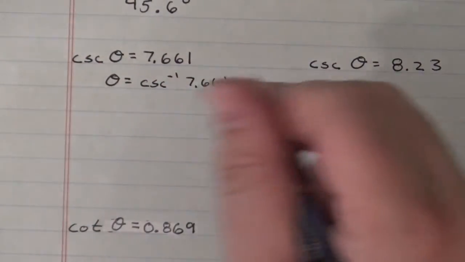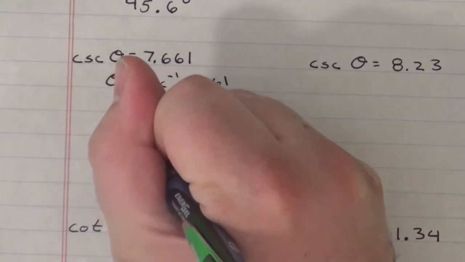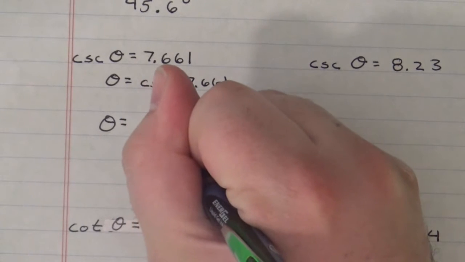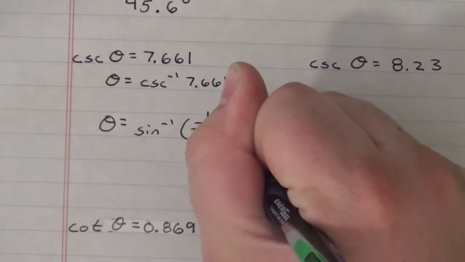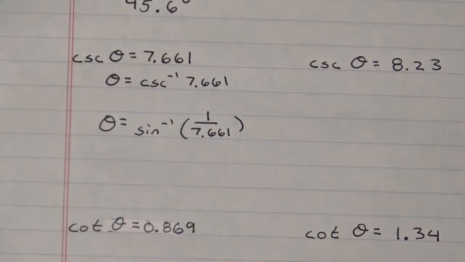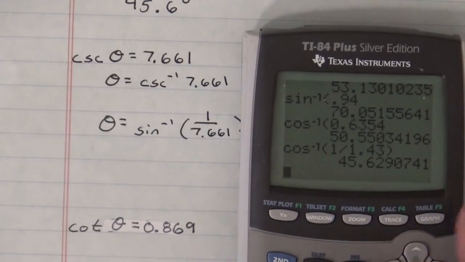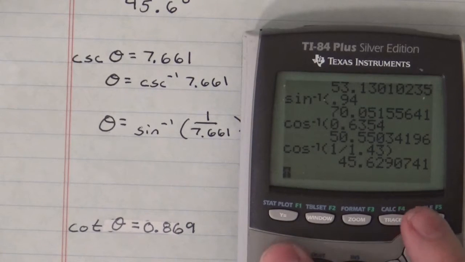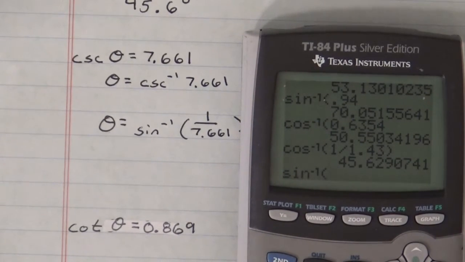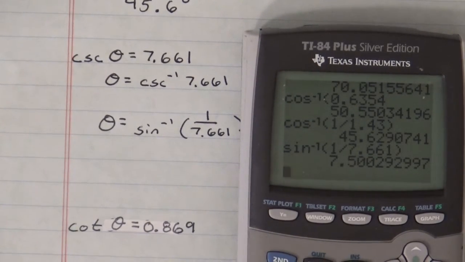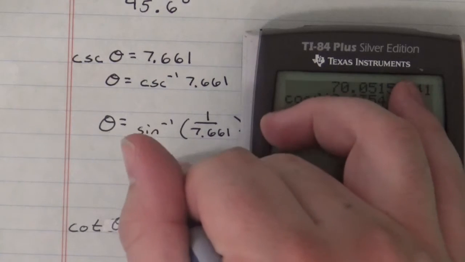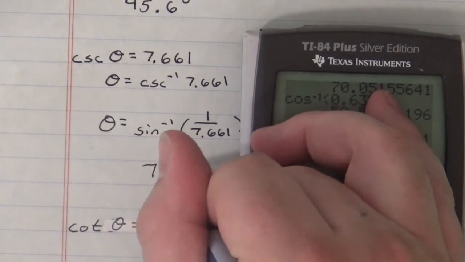So we can re-say this as: theta is equal to the inverse sine of 1 divided by 7.661. Let's do that in our calculator. Inverse sine of 1 divided by 7.661, and what we get is 7.5. We're going to round to the nearest tenth again, so 7.5 degrees.